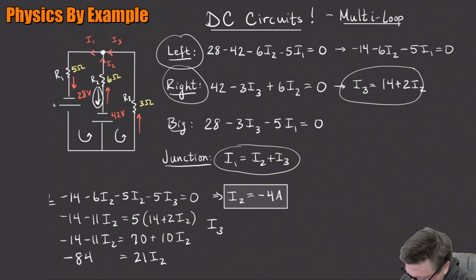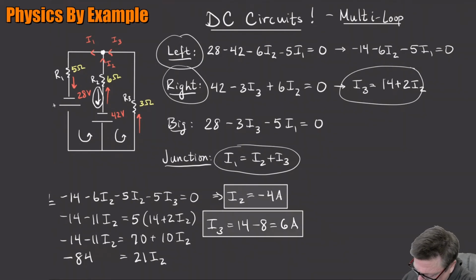So I3 is going to be 14 minus 8, or 6 amps. So I3 really is going up through that resistor, and it's got a value of 6 amps. And now I'll just use the junction. Now I can find I1, right? They all start falling into place. So I1 is just those two added together, or 2.